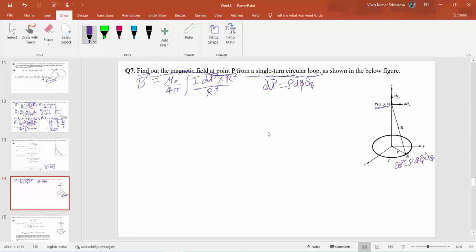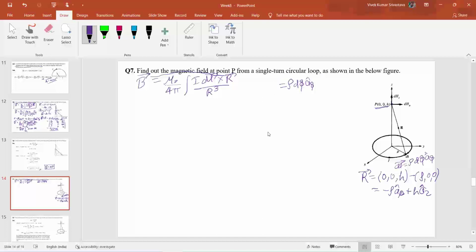And vector r we can calculate here as final minus initial, so this will be equal to 0, 0, h minus rho, 0, 0. Okay, so this we define as minus rho a rho plus h a z.